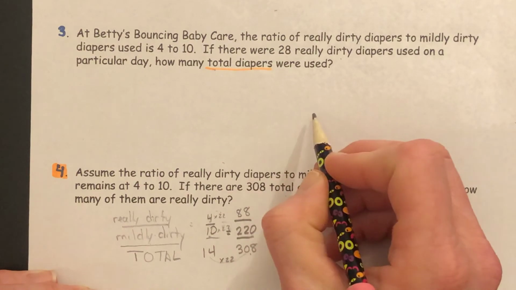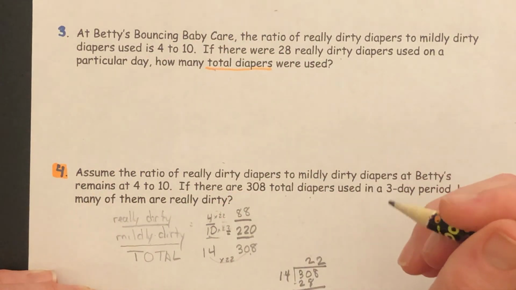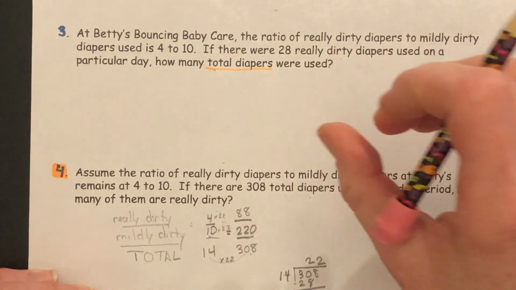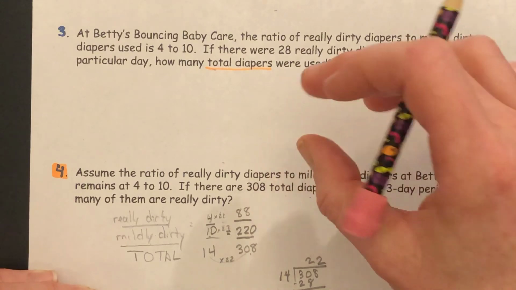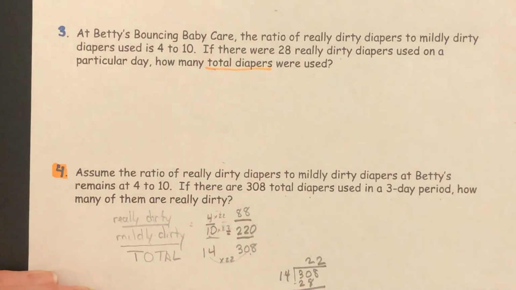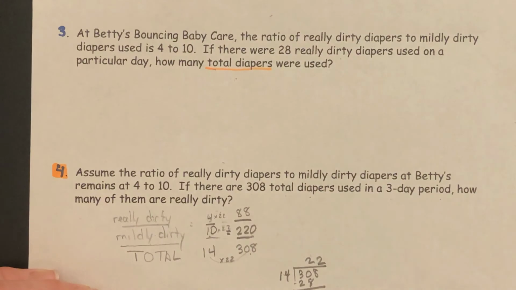You put 28, you find the equivalent ratio, but then when you've made that equivalent ratio, you now know how many really dirty and how many mildly dirty. And with those two numbers, you can then find out the number of total diapers. Just be careful that you do that last extra step. And then number 2 is your standard.